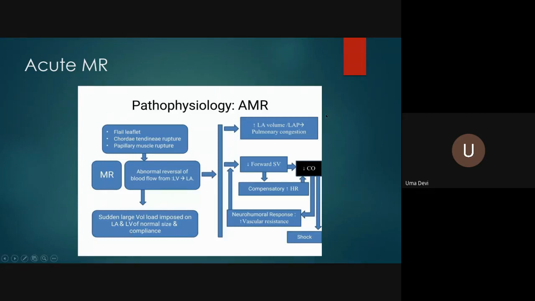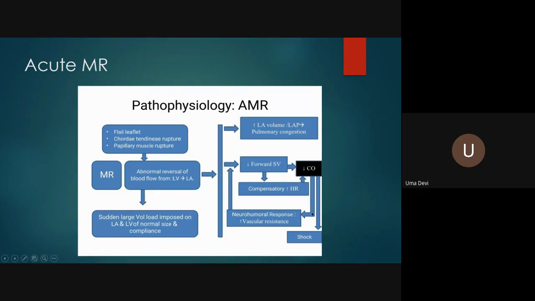So you will get increased left atrial volume and a sudden rise in left atrial pressure, so pulmonary congestion. There is a decreased forward stroke volume, and to compensate for that, there is increased heart rate. Your diastolic component becomes reduced. So ultimately, there is decreased cardiac output.